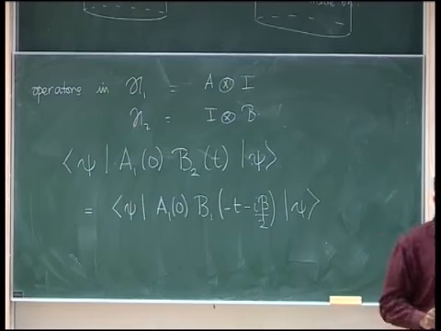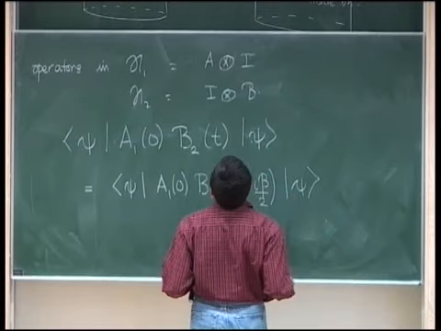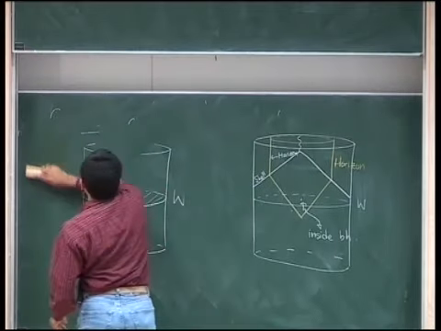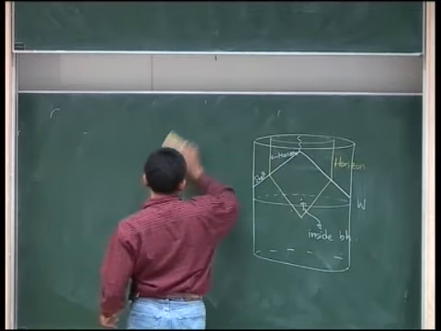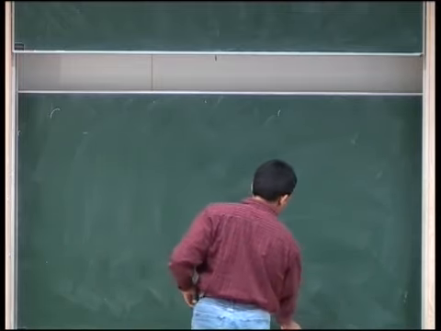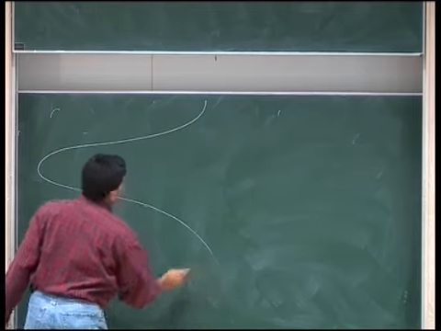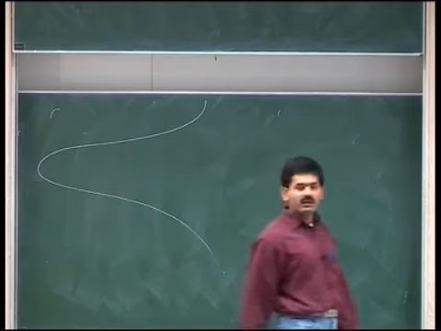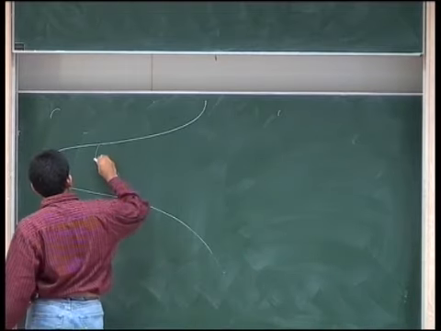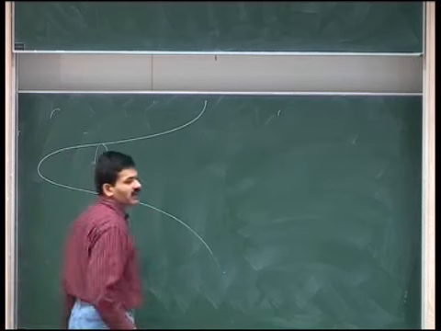So why is this? This is easiest to think of geometrically. So let me draw the picture I drew earlier of the Euclidean cigar, where this was, I remind you, the Euclidean time coordinate.